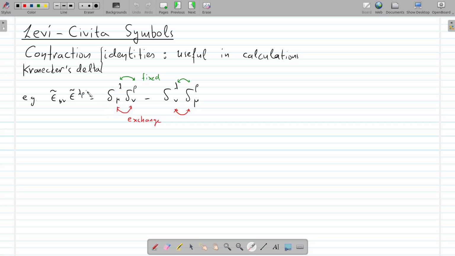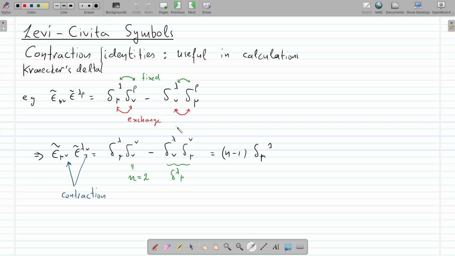Then the lambda rho indices are chosen to be in the same position in both terms, and then we permute the order of the mu and nu indices. So if we have an even permutation, we put a plus sign here, and if we have an odd permutation, we put a minus sign here. And this simple identity is very useful when we want to contract one of those two indices.